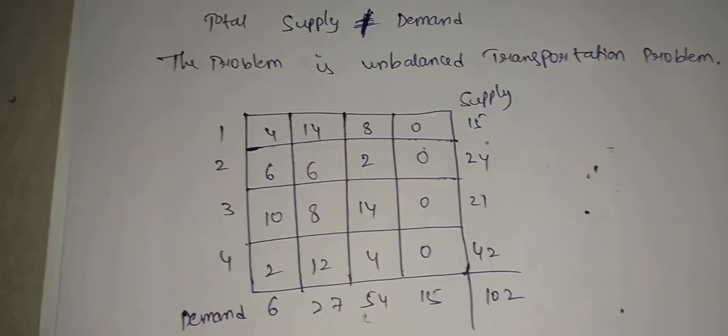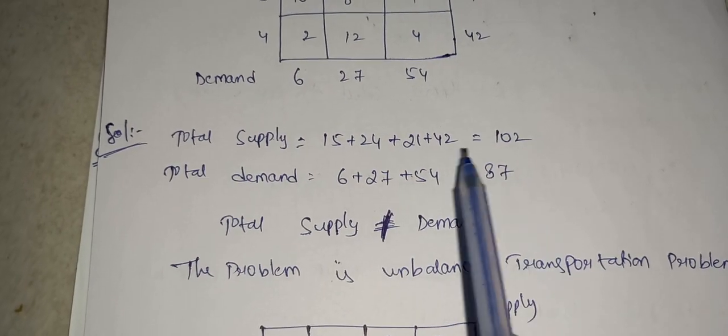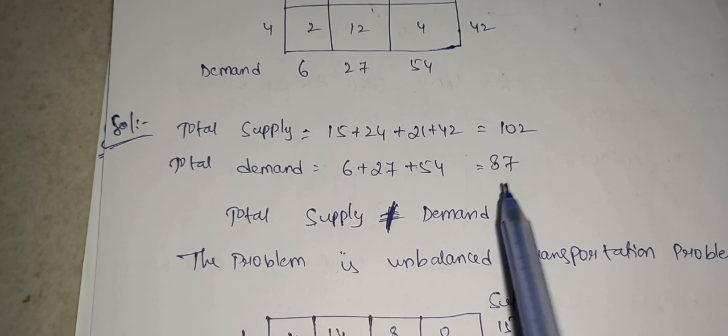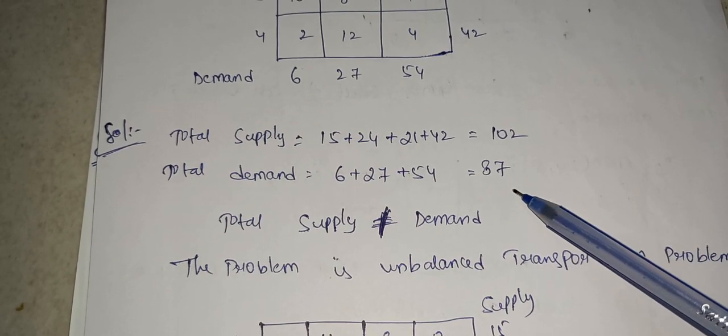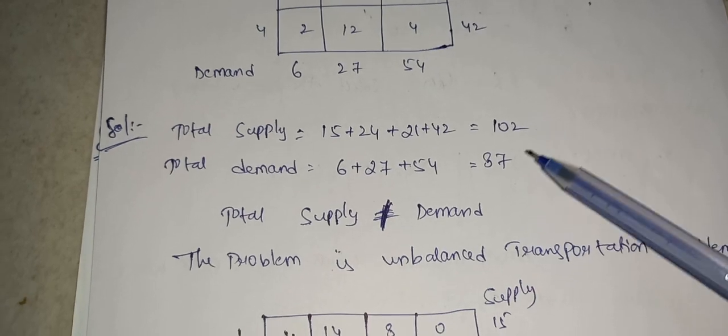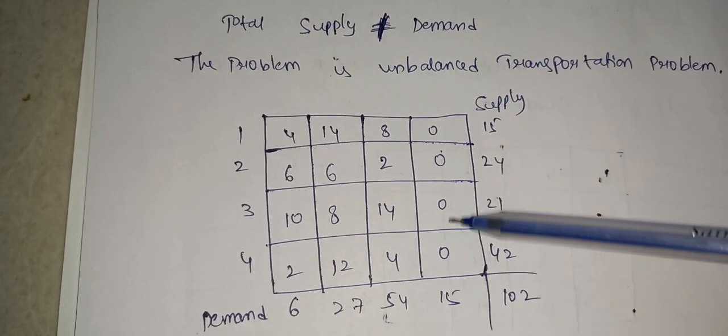How can you solve the unbalanced transportation problem? Check where there is a lesser value. The total demand is only 87 and the total supply is 102. If you add 15 plus 87, it gives 102. Then add an additional column in demand.